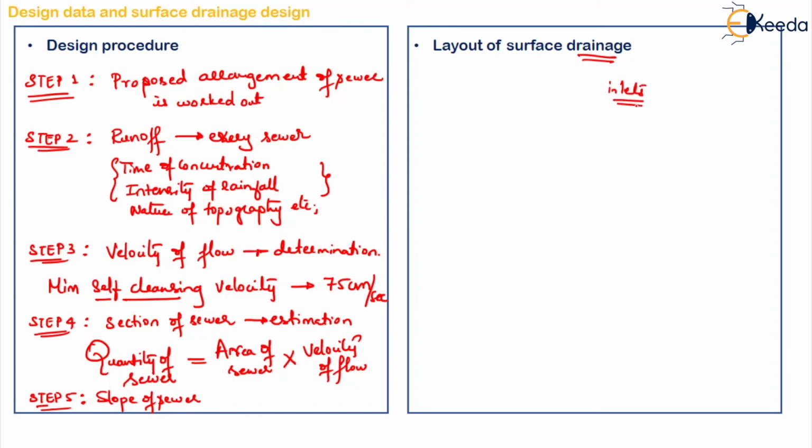The structure of the inlet will consist of a concrete box, and the top of which is covered by a grating which is made up of either cast iron or cast steel or reinforced concrete. So we have to make sure that this grating is able to support the aircraft wheel load. And also the location of the inlet will depend upon the configuration of the airport and also the grading plan.